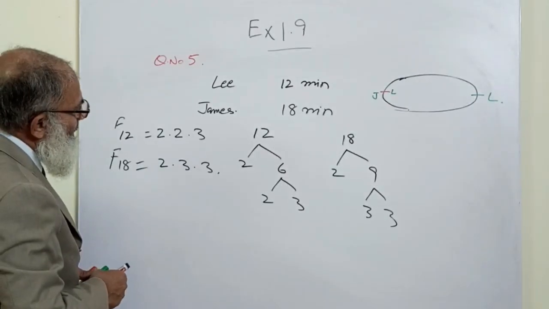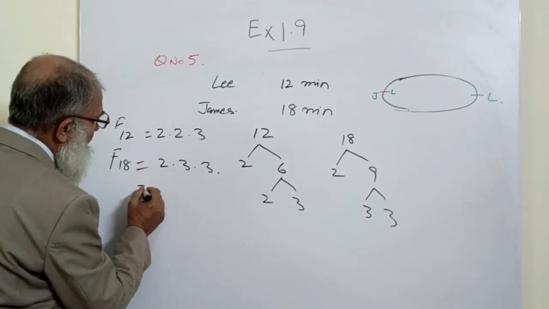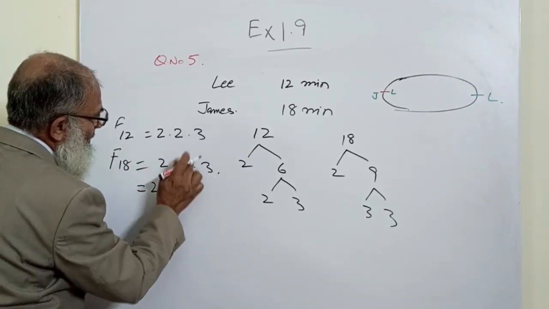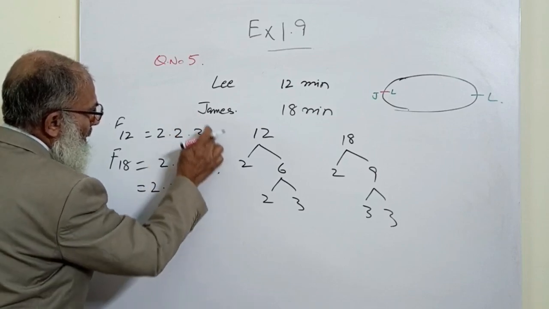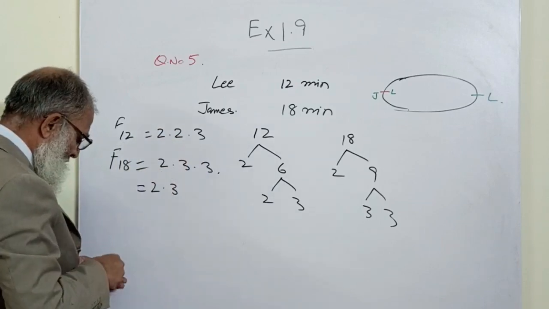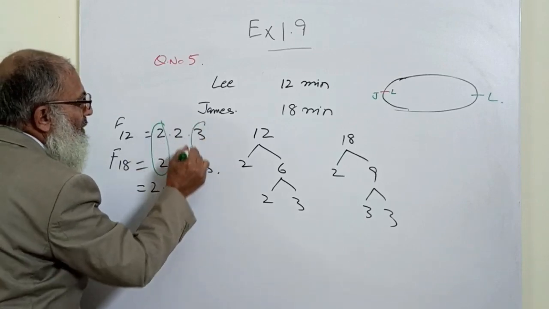So what are the common factors? The common are this 2 and this 3. Let me mark it with a separate color.